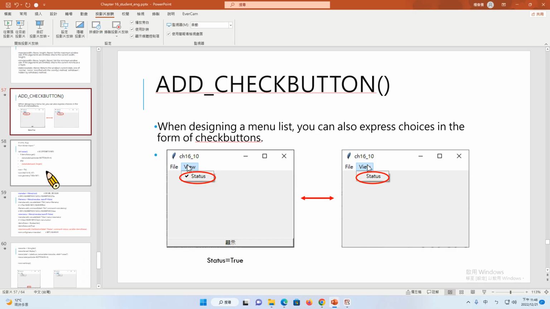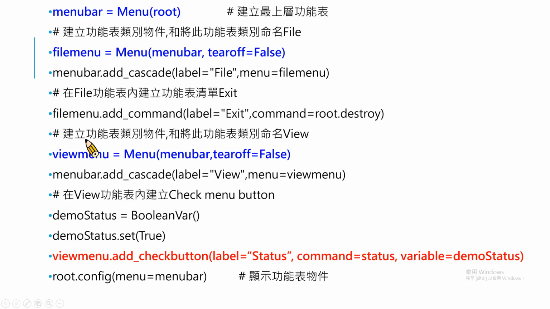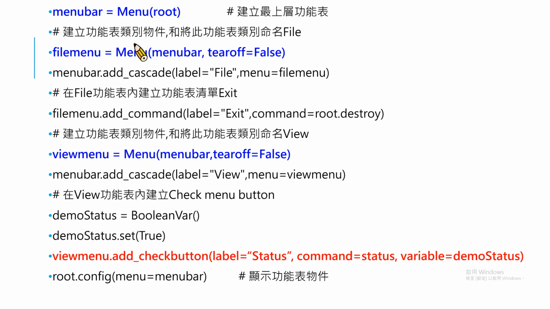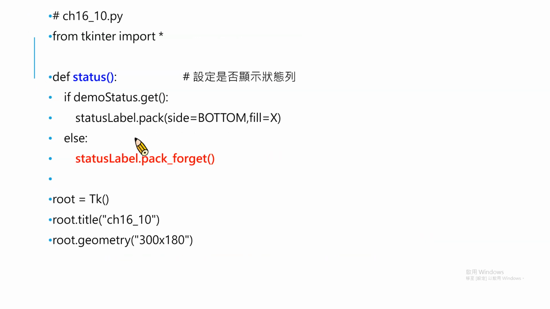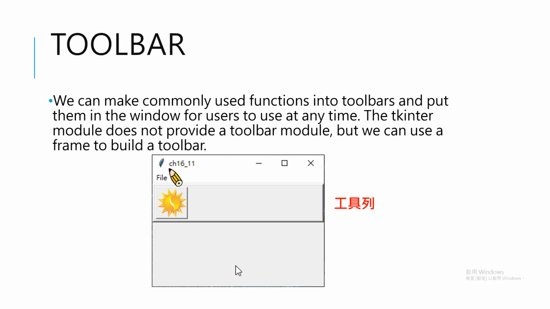Okay, let's see how the program is written. I will not repeat the menu construction. So these are the menu construction here. I just mention the related menu item here, status.